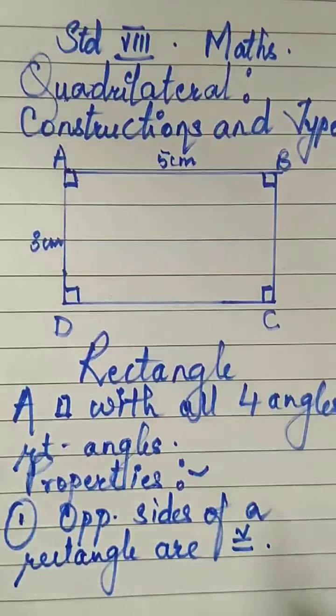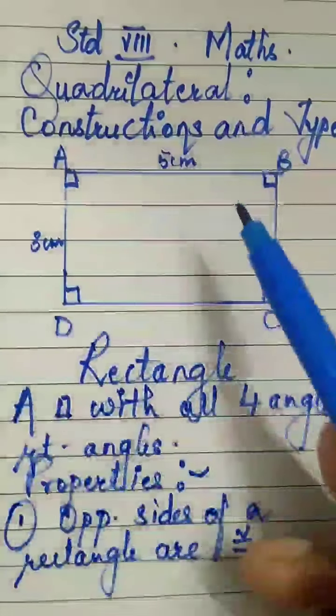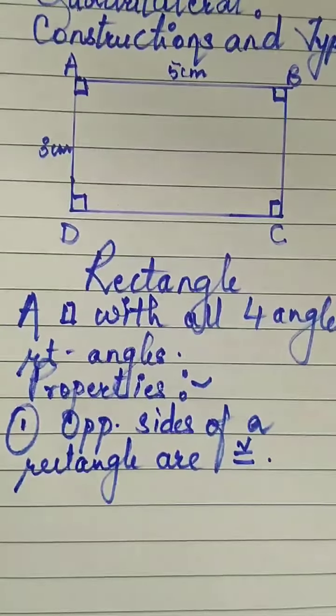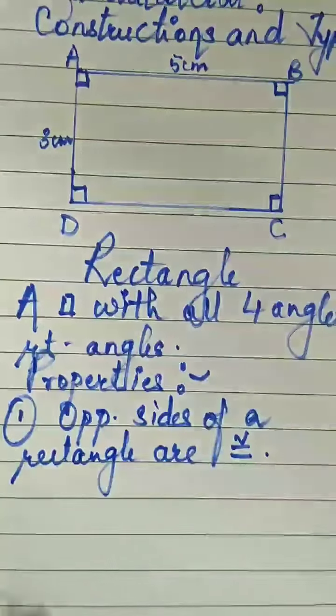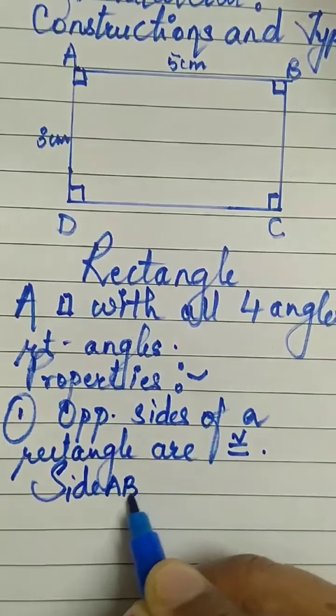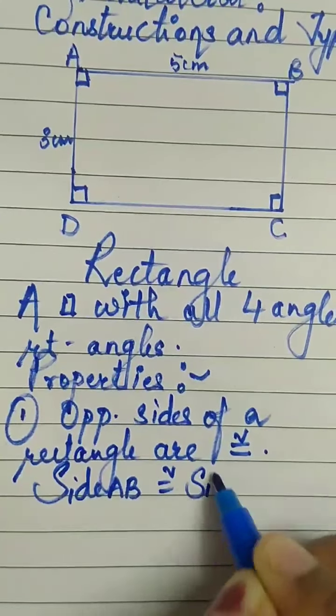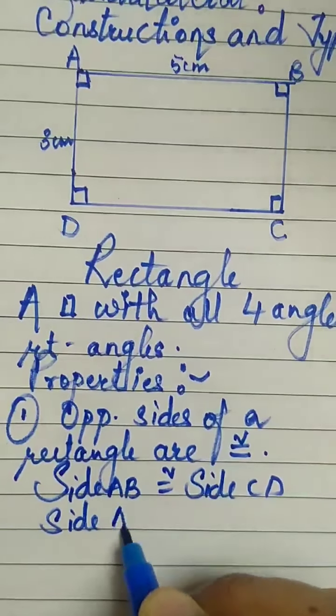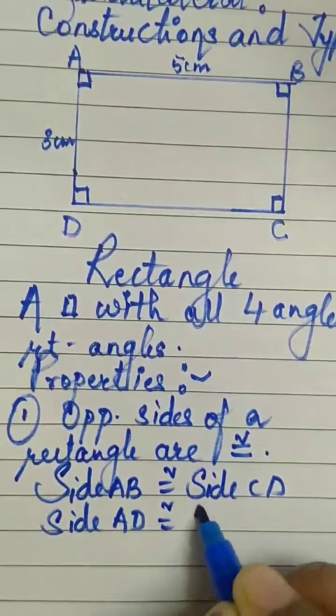Congruent sign I am putting. Now in this figure, how will you show this property? Which are the opposite sides? Side AB congruent to side CD. Side AD congruent to side BC.